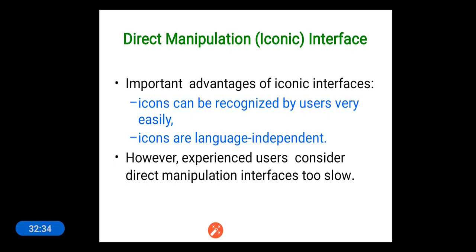Anyone who can see the icons can make use of these iconic interfaces. However, experienced users consider direct manipulation interfaces too slow. Obviously this happens with experienced users, because they are much more interested in using the command language based interface itself, since they are very habituated to typing.